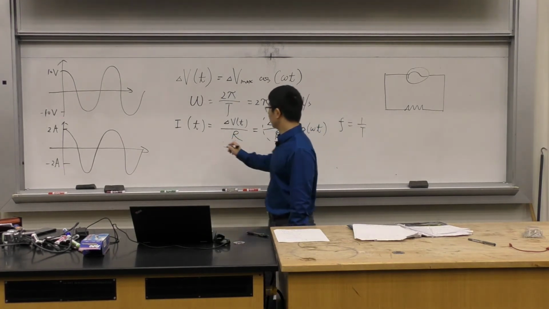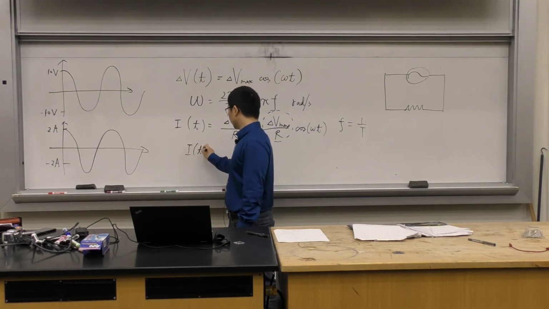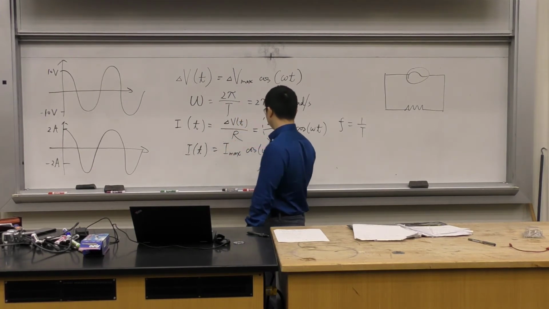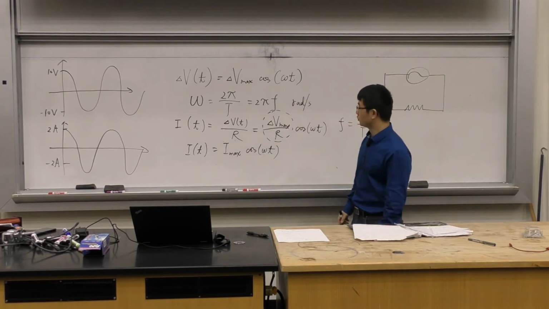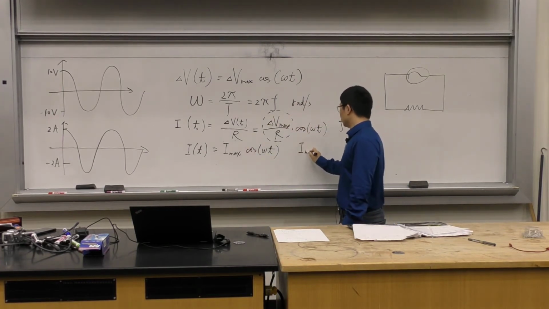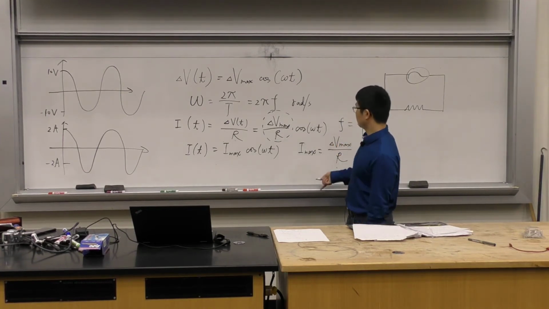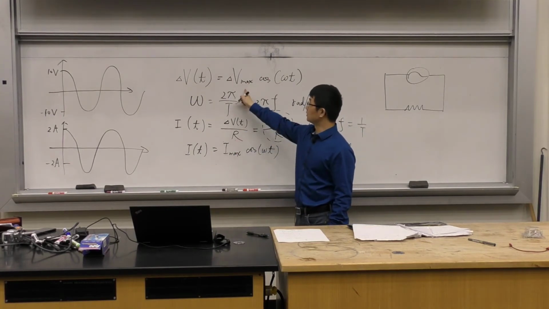So that's why we write it in a different form. We're going to call this thing I max, and this looks nicer than that, right? That's the only reason. So I max is going to be equal to V max over R. I just defined this so I can write it in the same form as this voltage.